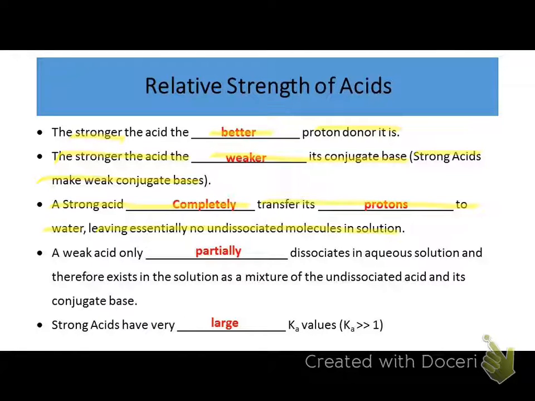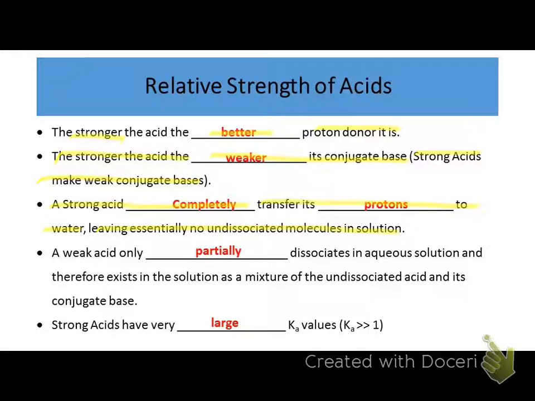A strong acid completely transfers its protons, or all the hydrogen ions, to water, leaving essentially no undissociated molecules in solution. In the first lesson, we talked about how water can act as a base in the presence of a strong acid. If an acid is stronger than water itself, water will be a base and will accept an H plus from the acid.